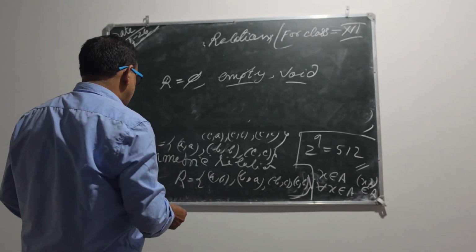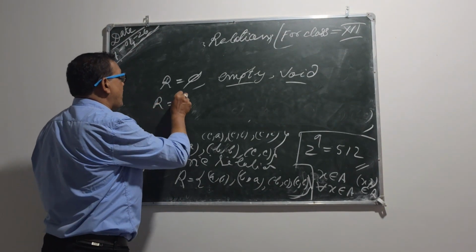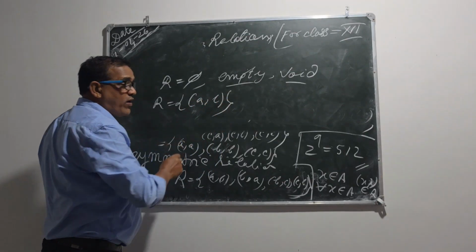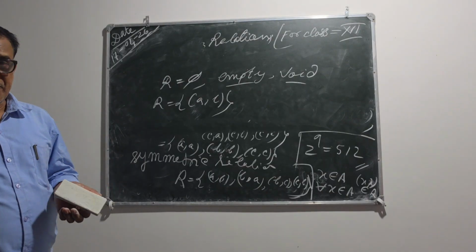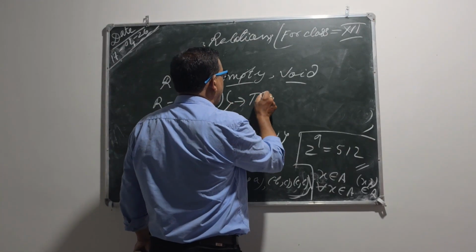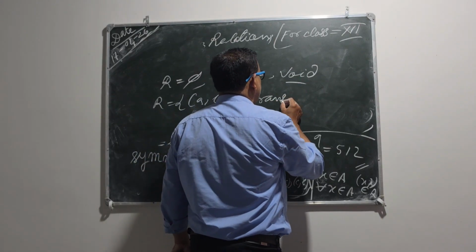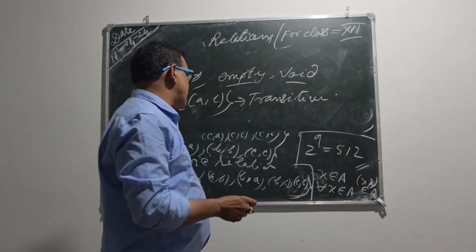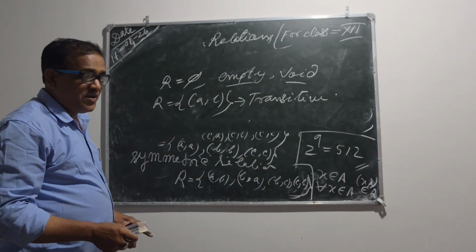Now there is some dissimilarity if one relation is given as a single ordered pair, suppose (A, B) only. Only one ordered pair is given here, then definitely it will be transitive. Any single ordered relation is transitive.